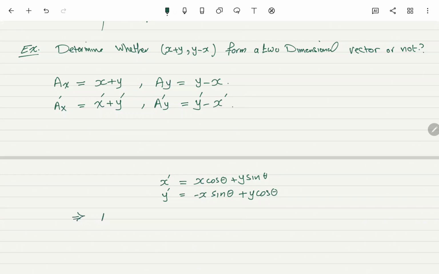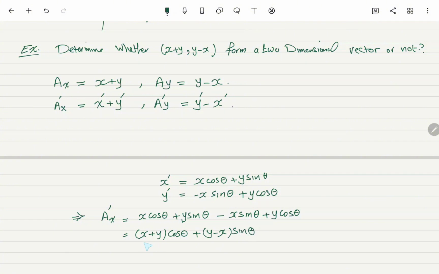Therefore, ax prime equal to x cosine theta plus y sine theta minus x sine theta plus y cosine theta, or we can rewrite it as x plus y cosine theta and y minus x sine theta.